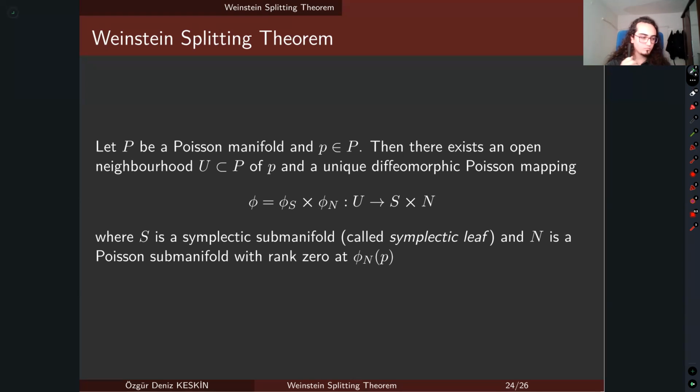And if some dynamical system cannot be solved on a symplectic manifold, we can extend the Hamiltonian vector field to the Poisson manifold into which our symplectic manifold is embedded, and we can use the tools from Poisson manifold knowledge.